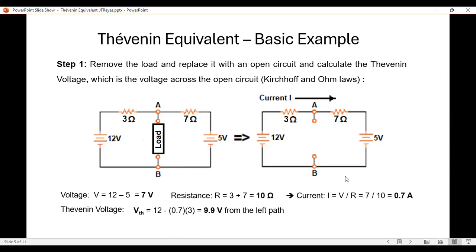If we do that using the right path, the voltage will be 5 volts plus the voltage raised across the 7 ohm resistance because the current is a clockwise current due to the fact that the left voltage source is greater than the right voltage source. And in this case, the Thevenin voltage would be 5 plus 0.7 times 7 equals 9.9 volts, the same as before. And that would be the Thevenin voltage.